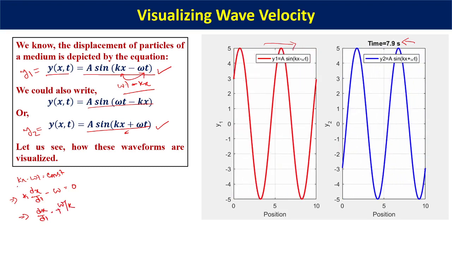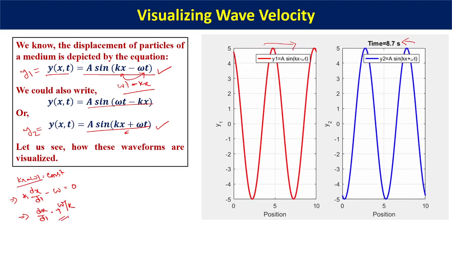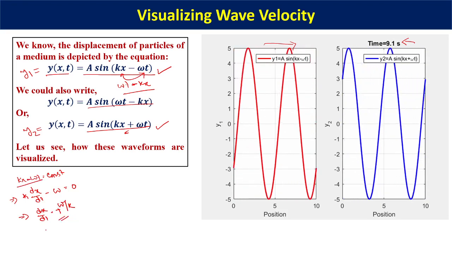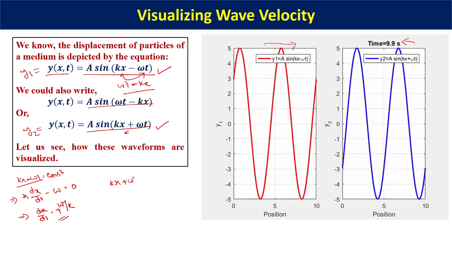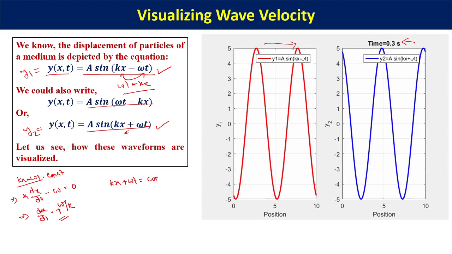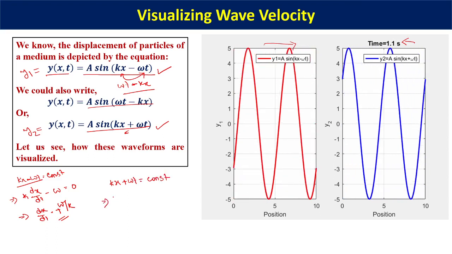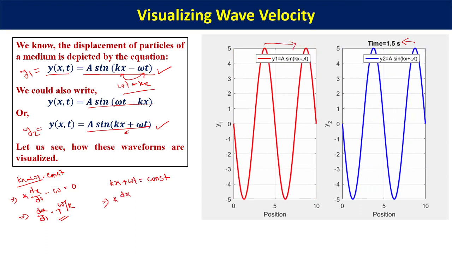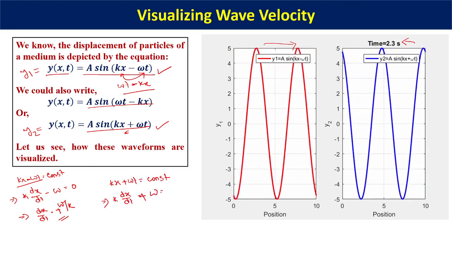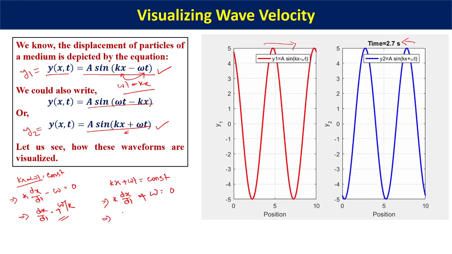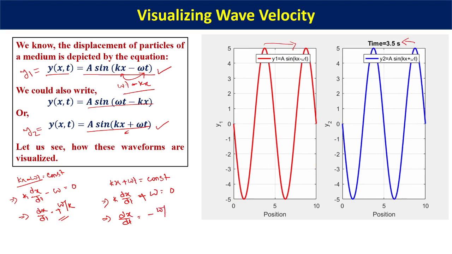So whenever you write kx minus omega t, with a negative sign in between, the wave moves in the positive x direction because this is the velocity. On the other hand, if you write kx plus omega t equal to constant, and differentiate with time, you will get k dx/dt plus omega equal to 0, or dx/dt is equal to minus omega by k.